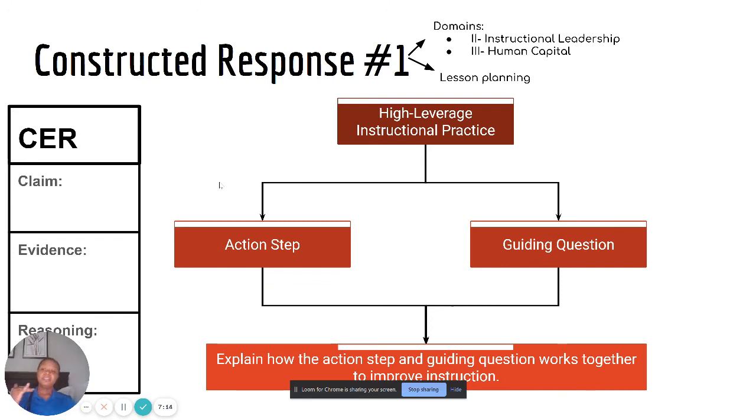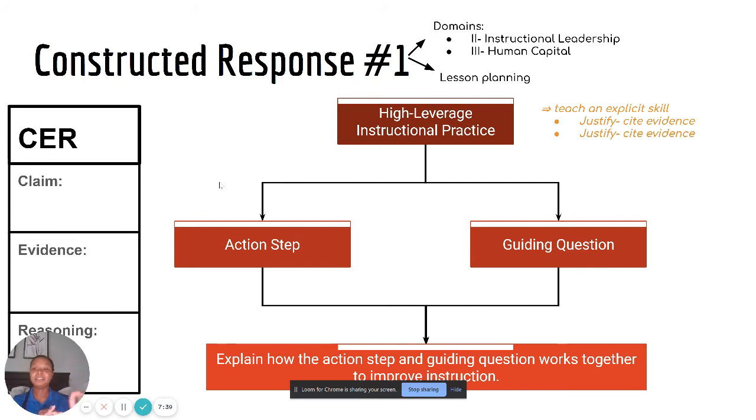So after looking at all these different practice tests and all those different scored samples, what I discovered is your high leverage instruction practice most likely is going to be for you to teach a certain explicit skill. The scenario is going to determine what skill it is, but it's basically to explicitly teach a certain skill. So you have to figure out what skill it is.